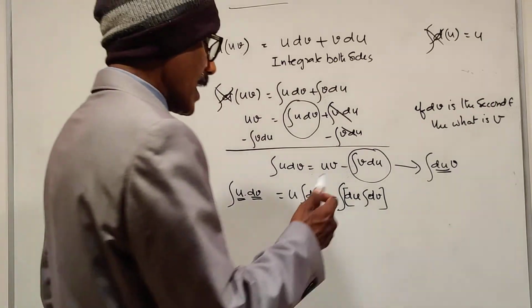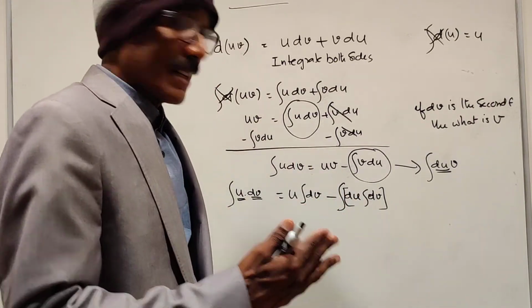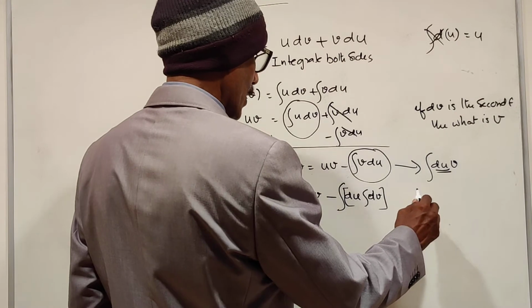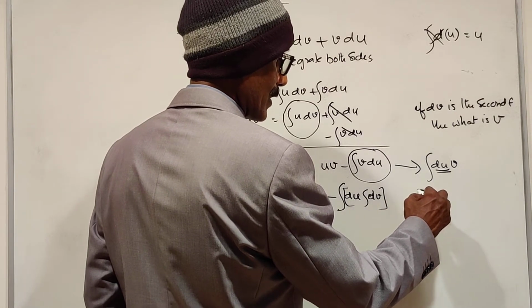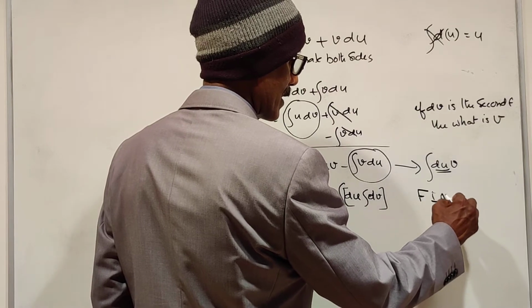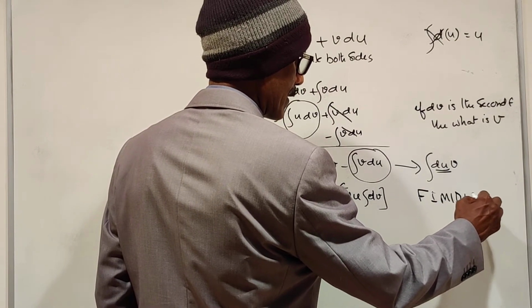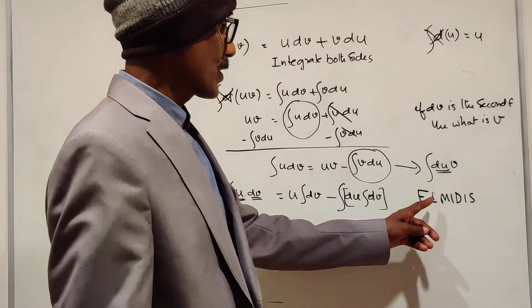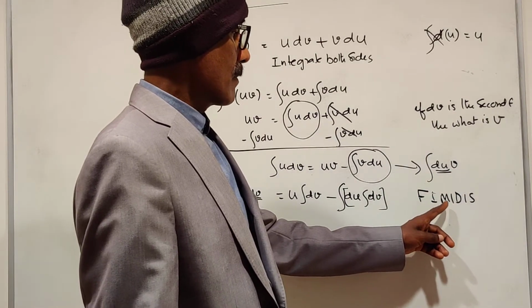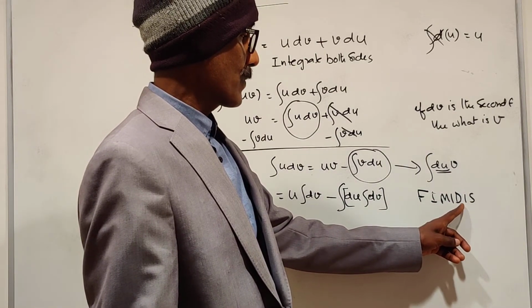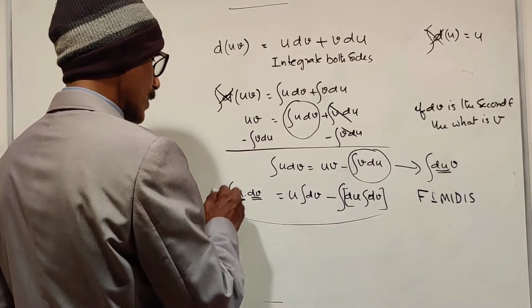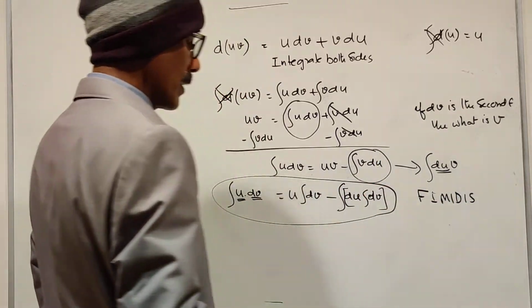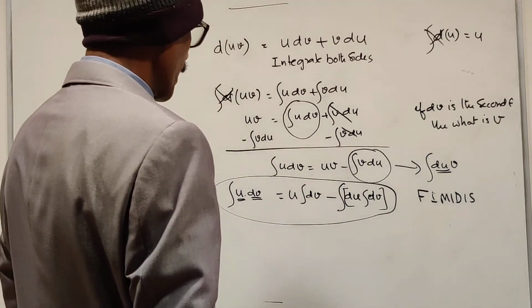My suggestion is to remember this formula. There is a way to remember it, that is Fimidis. I always do this: first function into the integral of the second, minus the integral of the derivative of the first function into the integral of the second. This is a very important formula. For integration, we always use this one frequently.